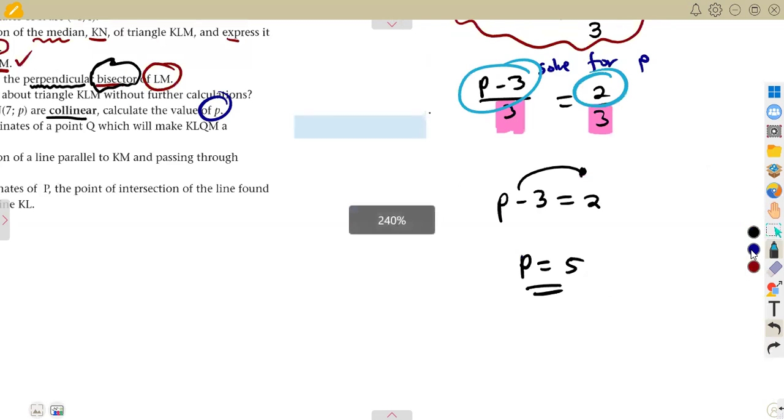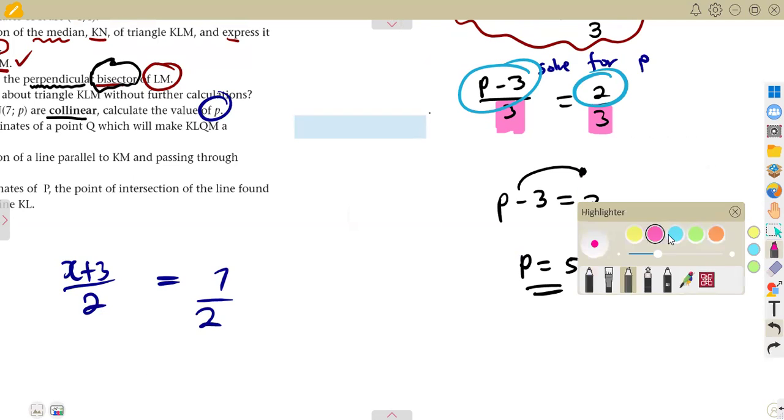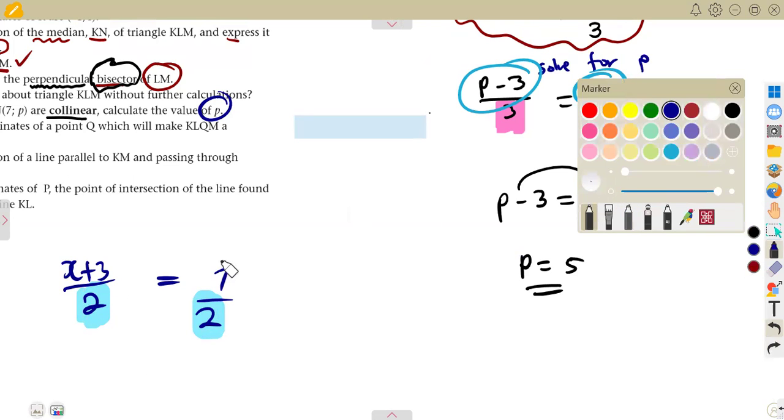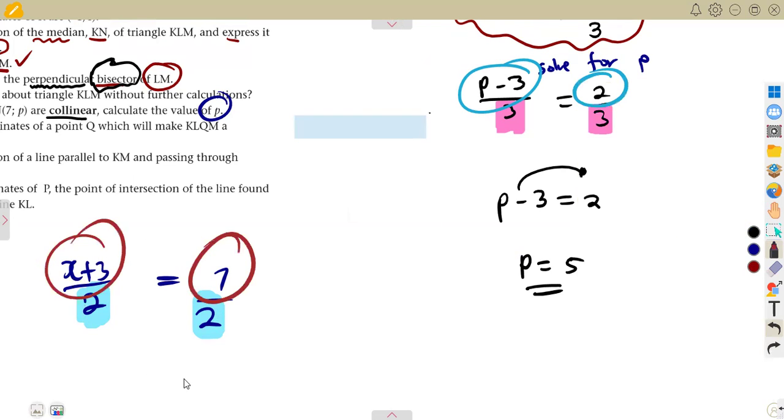What am I trying to say? If I am given an equation like X plus 3, everything over 2, equal to 7 over 2, instead of cross multiplying, yes, you can do that, but because the denominators are the same, you can take advantage of this. You just equate the numerators.